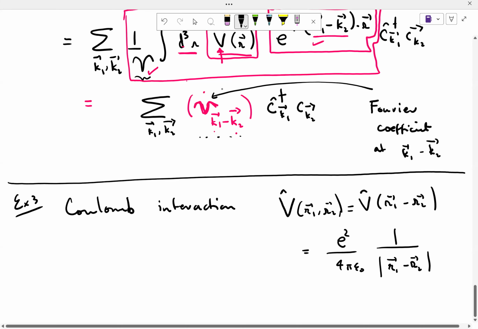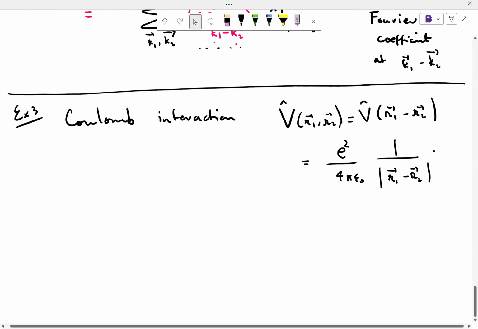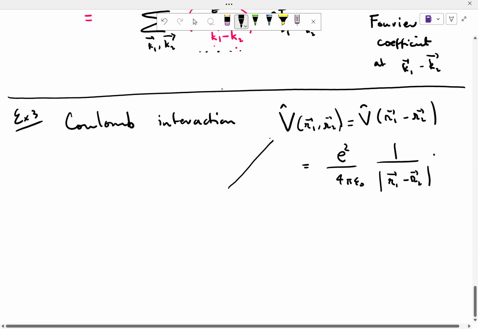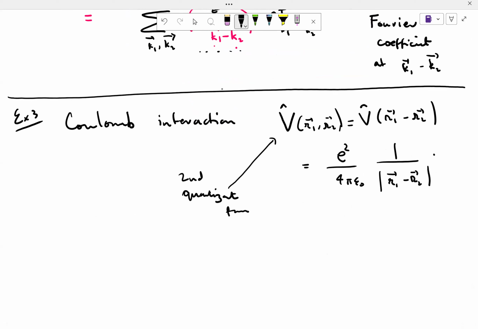One is at position vector R1, the other is at position vector R2. So what I would like to do is write the second quantization form of this, right? And then we'll be able to write down the total Hamiltonian for the system in second quantization form. All right, so far so good.